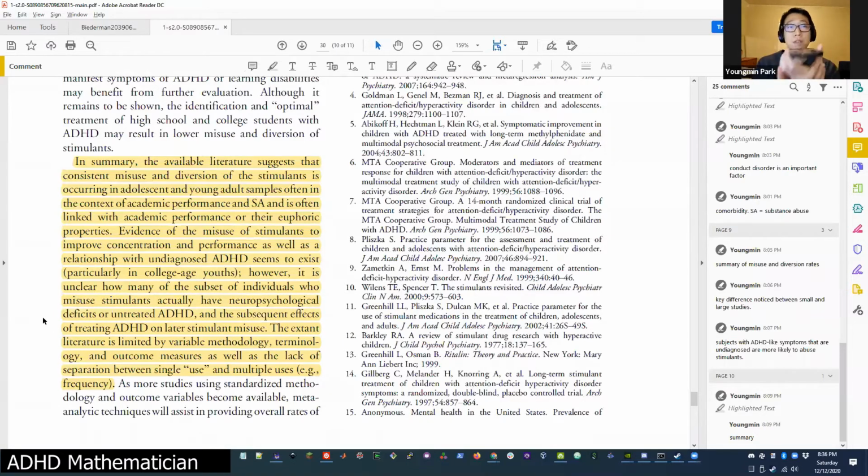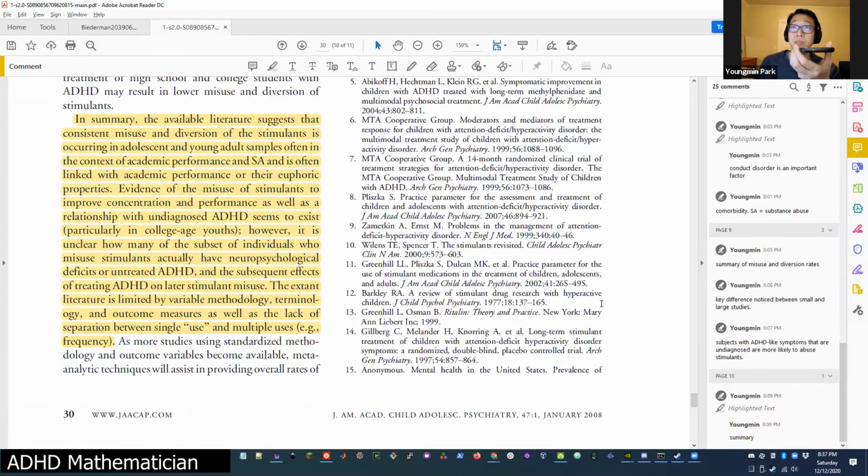That's right. So even if you have a metric by which you measure the rate of stimulant misuse, the metric might differ from study to study. So, I don't know how to fix this. It's kind of an issue with this particular field at the time. Anyways, 2007 is now a very long time ago. So I imagine it would be nice if they had a much more consistent set of criteria.